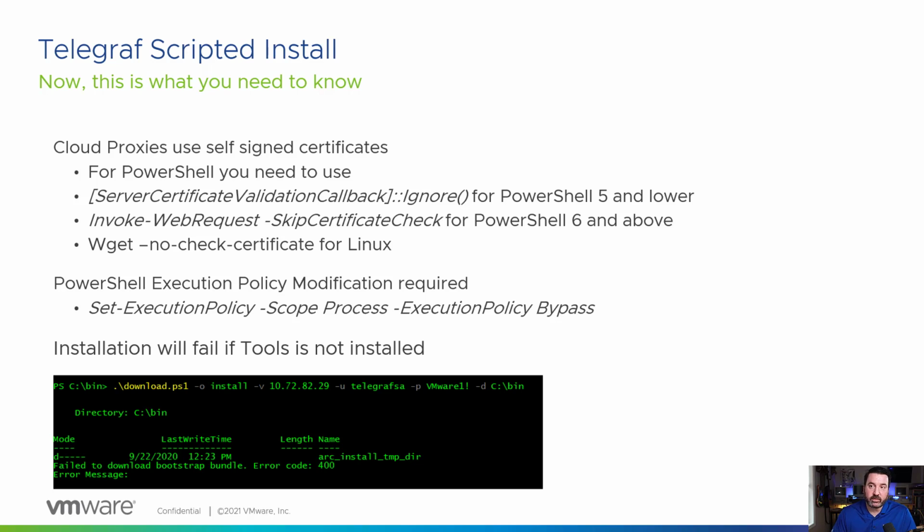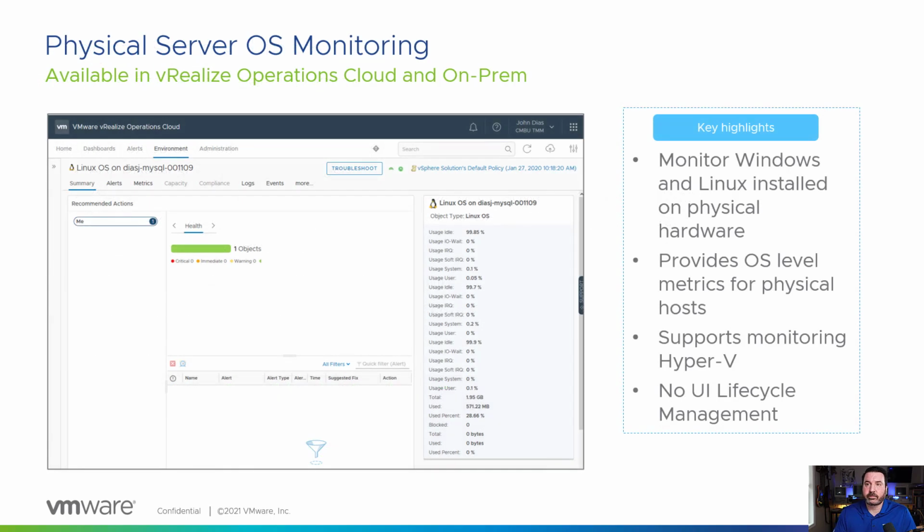PowerShell 6 has the skip certificate check for Invoke-WebRequest, and then for wget, just simply add no-check-certificate for Linux. And of course, the PowerShell execution policy, we do need to bypass that because the script is not signed. So just another thing to call out when we're doing the scripted install.